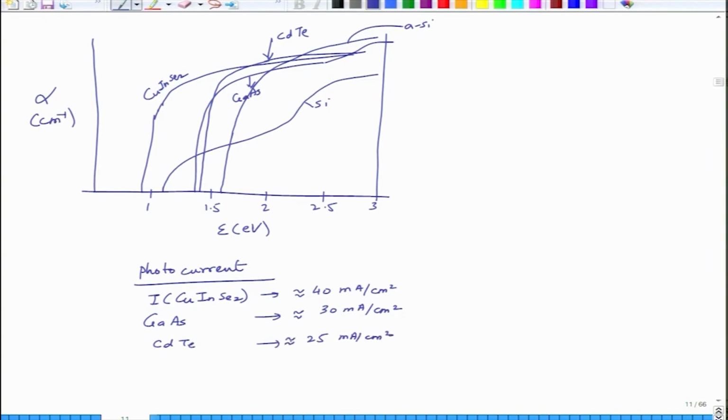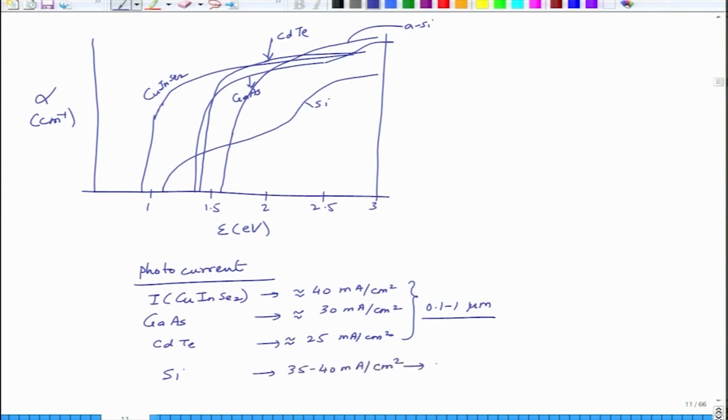Very high currents can be obtained in case of these materials, and these currents are obtained at a thickness of nearly 0.1 to 1 micron, whereas in case of silicon the high current, you can reach a saturation of about 35 to 40 milliamps per centimeter square.